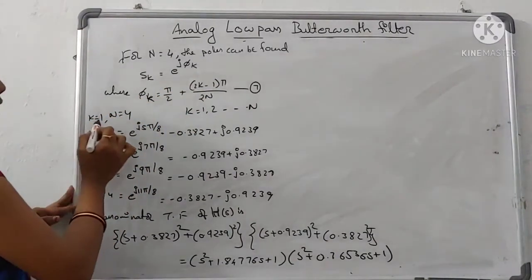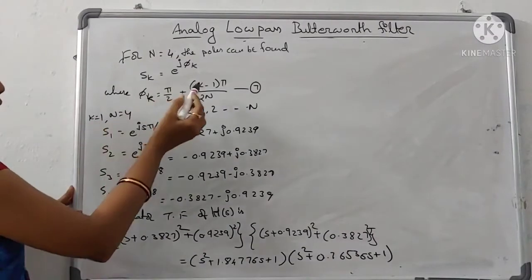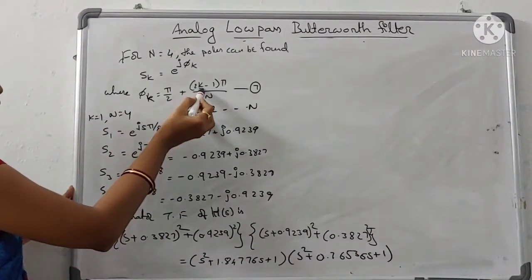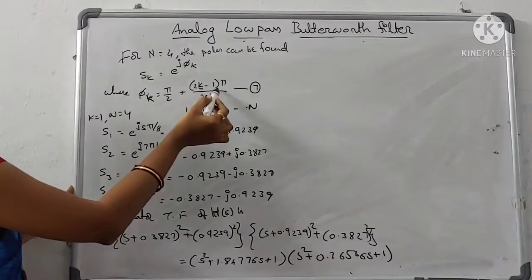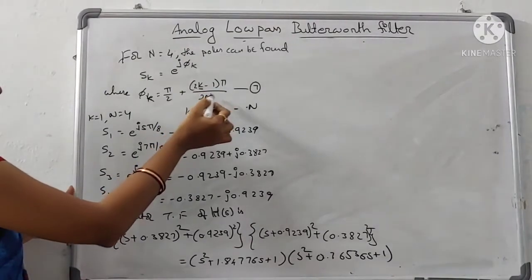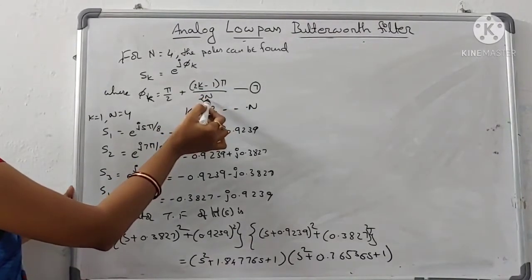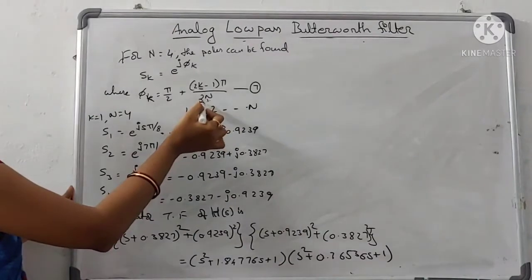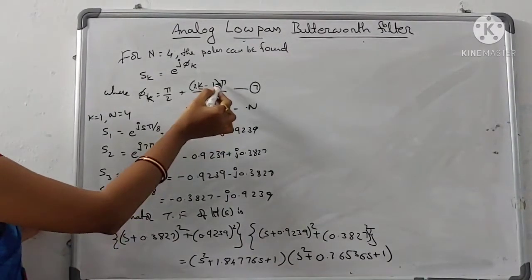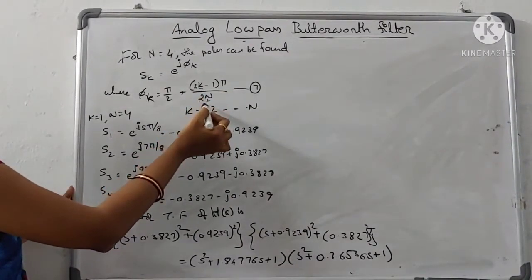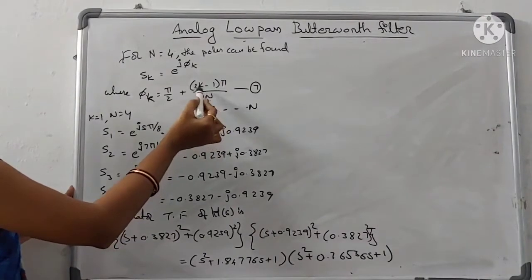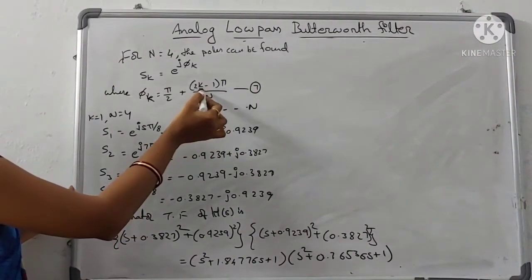If you substitute k is equal to 1, it means (2 minus 1) into pi divided by 2 into 4, which is 8. That is pi by 8.